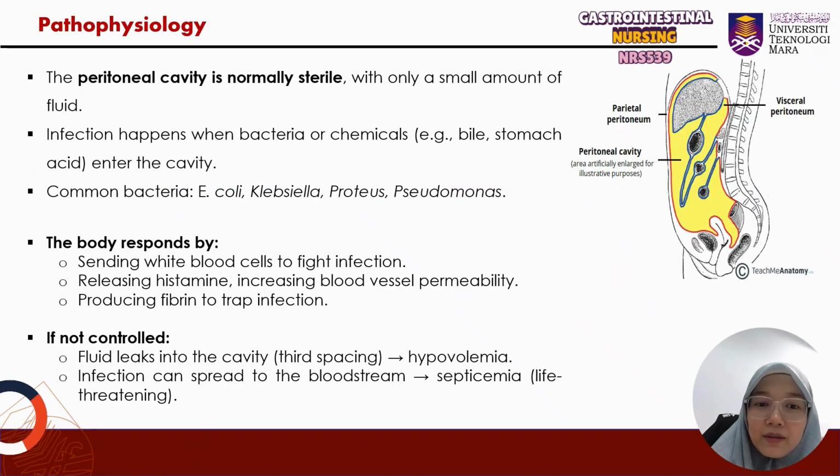The peritoneal cavity is normally sterile with only a small amount of fluid. So infection occurs when the bacteria enter the cavity. And the most common bacteria include E. coli, Klebsiella, and also Pseudomonas. Okay, so these trigger the body response by sending the white blood cells to fight the infection and release histamine to increase the vessel permeability and also produce fibrin to trap the infection.